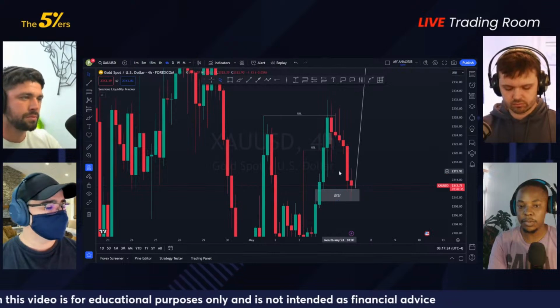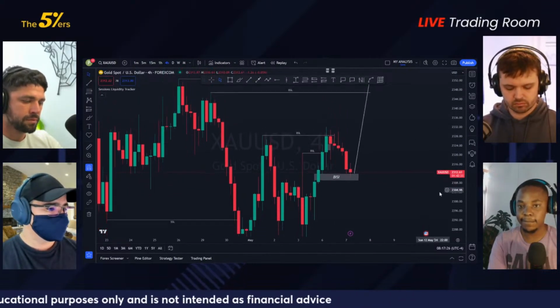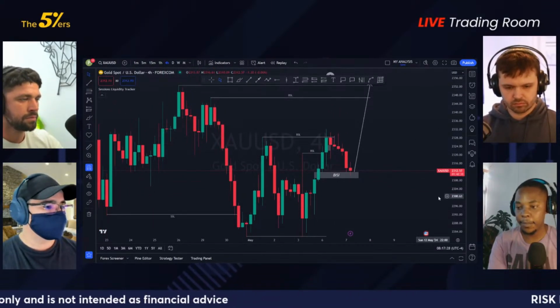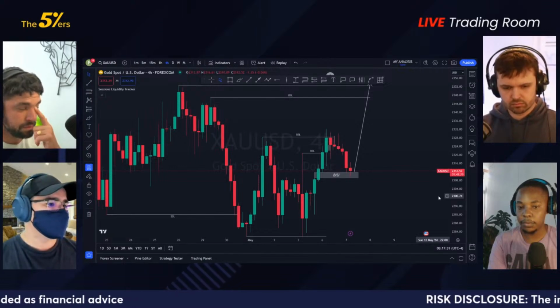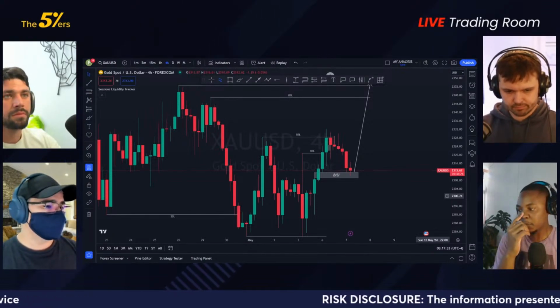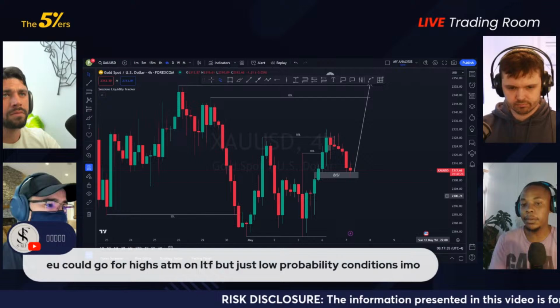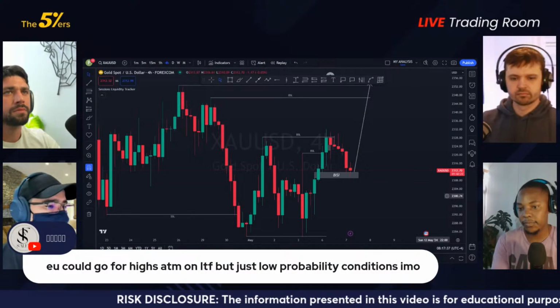You identified an area based on your structures that could be a good place for it to reverse from and continue the previous move, which is up. Which is up, yes.